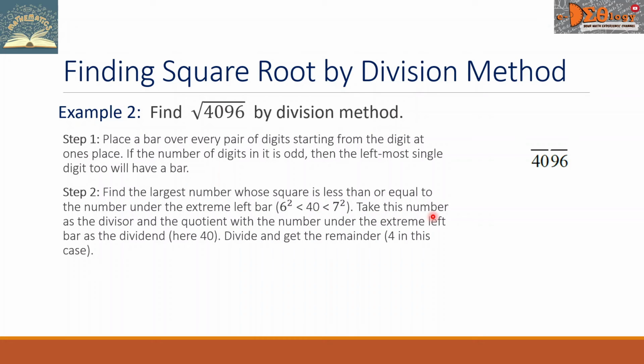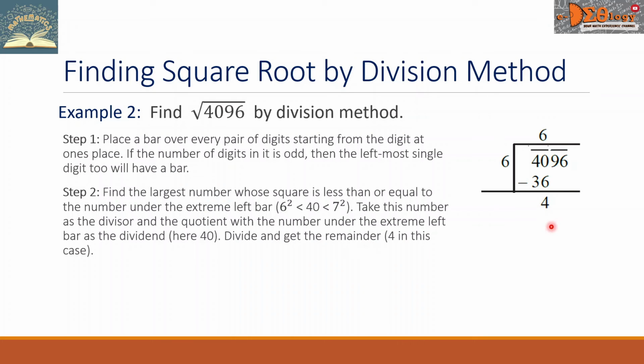We take this number 6 as the divisor and the quotient with the number under the extreme left bar as the dividend. Here is 40. So, we divide this 40 by 6. We will get 6. 6 times 6 is 36. Then when we subtract, we will get the number 4.